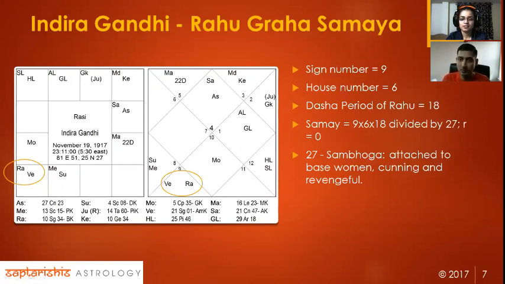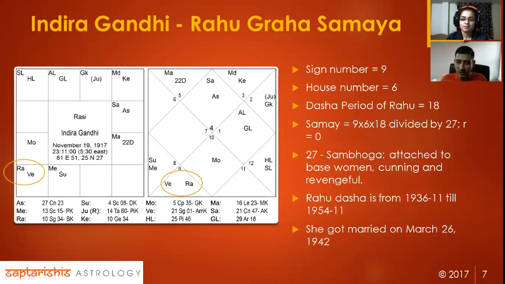And the second thing we need to take care of is that we should not take whatever is written literally. We have to take it liberally. Shri Ken Rao always says that you have to use astrological principles liberally, not literally. Now let's see what happens in her life during this period.